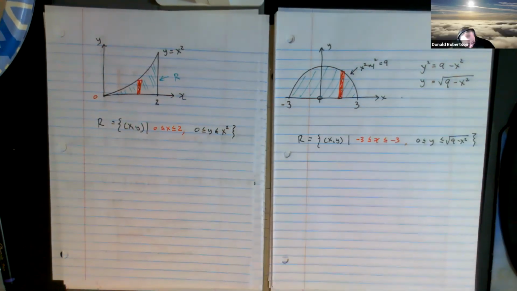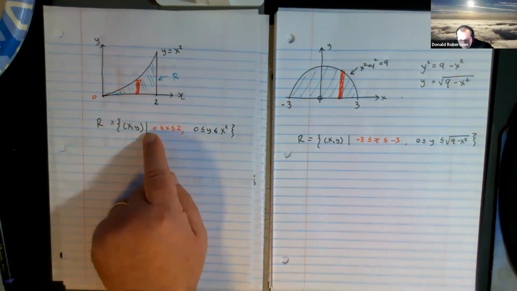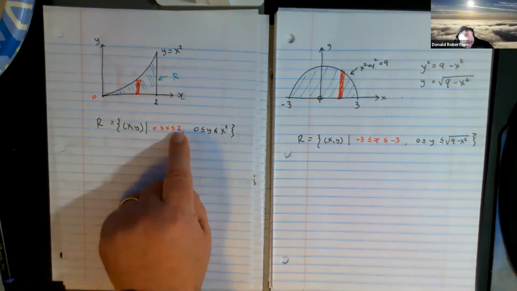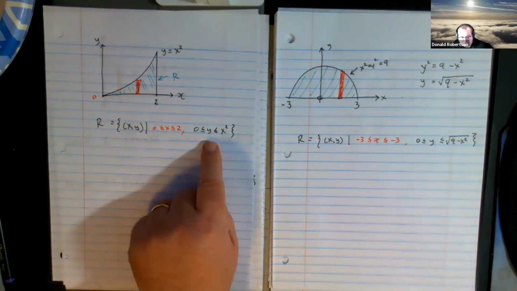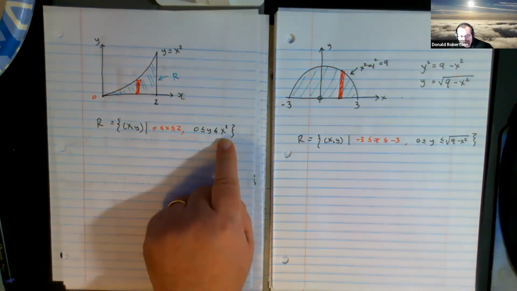Do you notice that, at least in these questions, one of the pair is a start value of x and a finish value of x, both numbers? And the second one is a start value of y and a finish value of y. And at least one of these, typically the second one, will be in terms of the equation of the curve using x's.